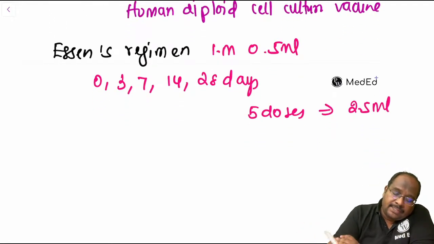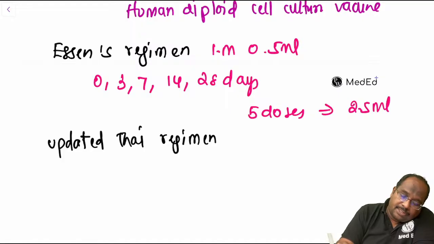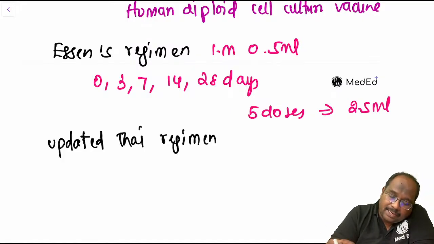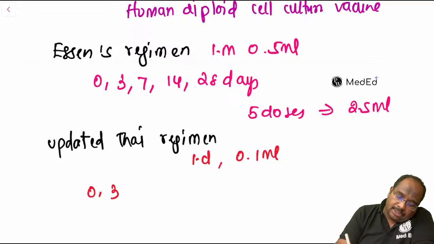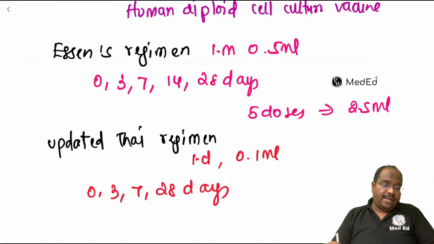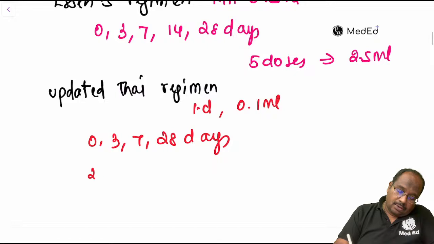The next one is the updated or modified Thai regimen. This is given intradermally, 0.1 ml, on days 0, 3, 7 and 28. But every time you give it, you have to give it at two sides, right arm and left arm also.